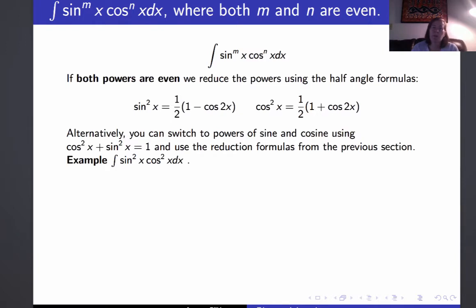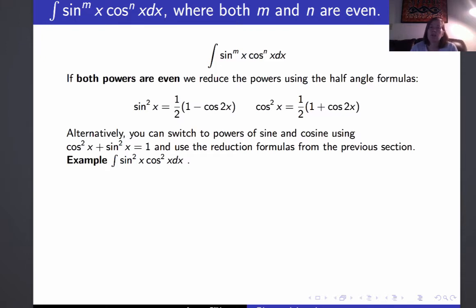So if both powers are even, one thing we can do is reduce the powers using our half-angle formulas from pre-calculus or trigonometry. We have sine squared of x is 1/2 times 1 minus cosine 2x, and cosine squared of x is 1/2 times 1 plus cosine 2x.